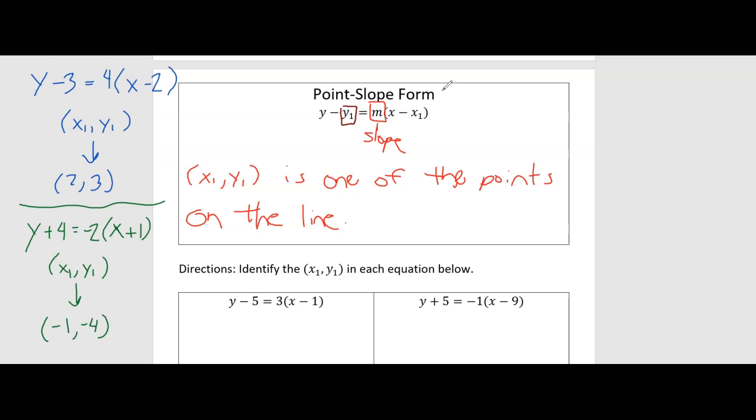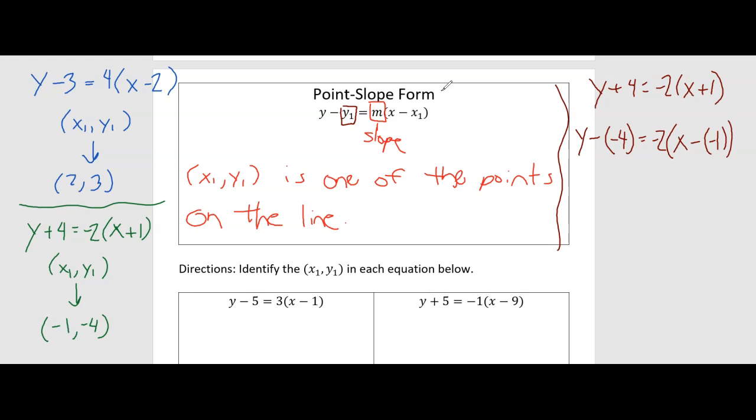But if you have an equation like y plus 4 is equal to -2 times the quantity x plus 1, which is what we had over there, I could rewrite this so that I actually see that negative sign. It could be y minus -4 is equal to -2 times the quantity x minus -1.